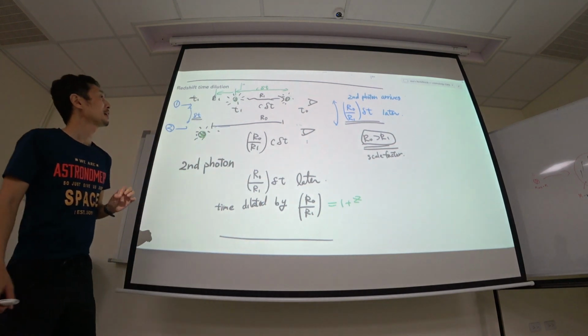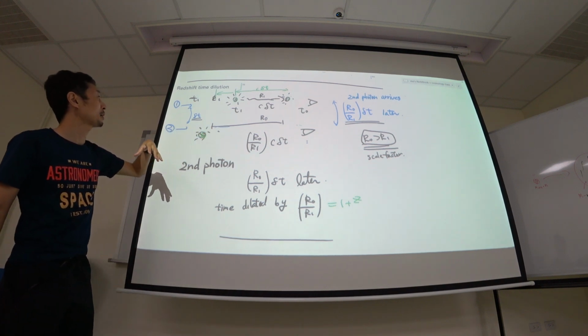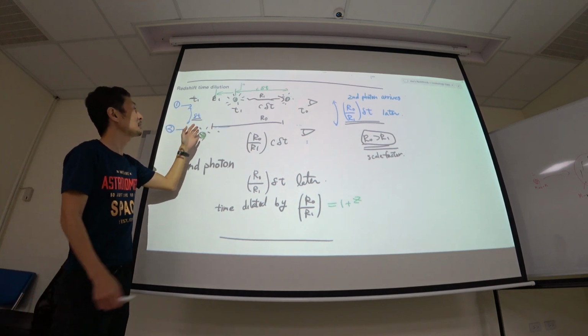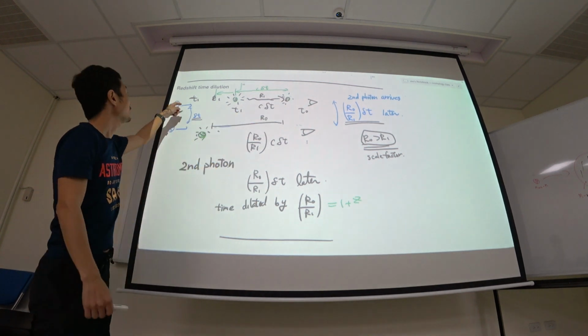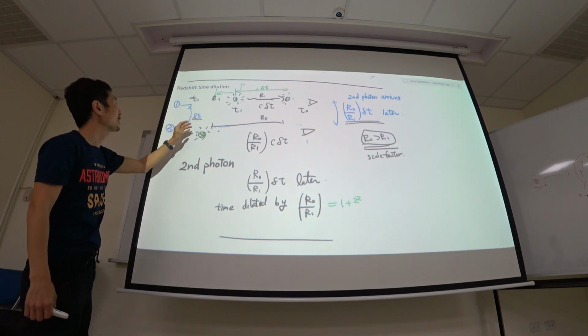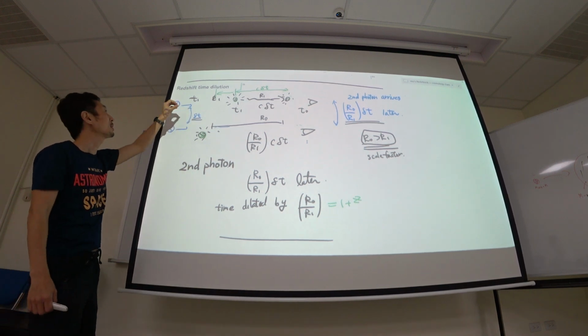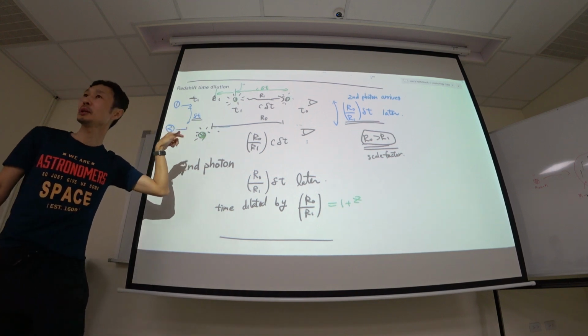But here, the interesting thing we need to think about is that the universe is expanding during this time. From the alien's point of view, this is delta t, let's say 1 second. It flicks a light, and then 1 second later it flicks a light again.